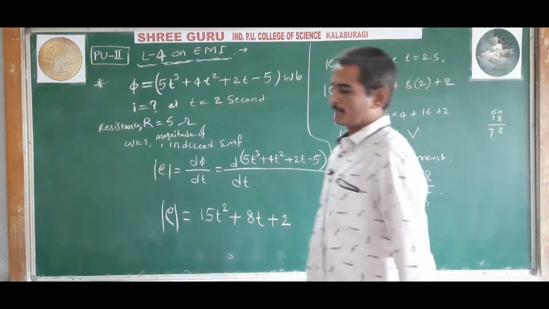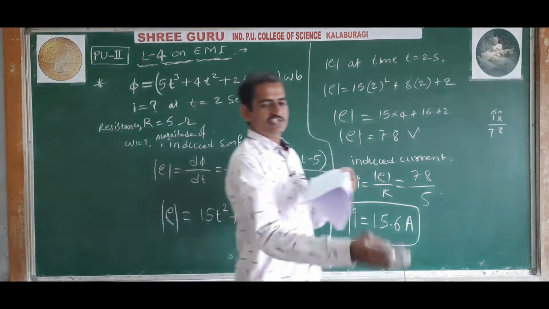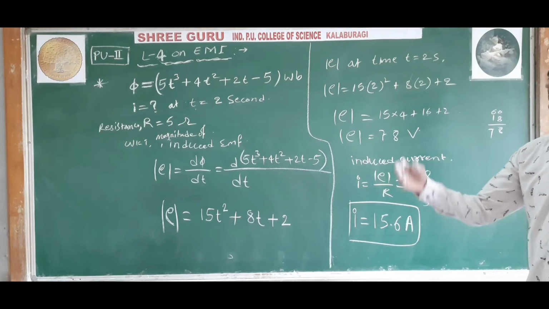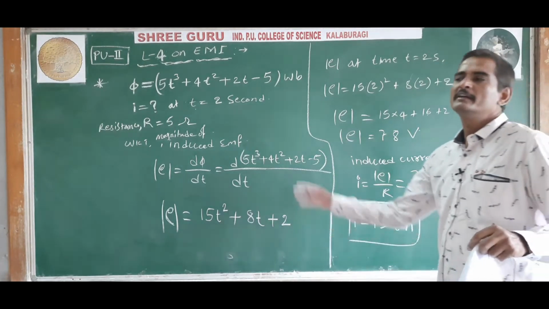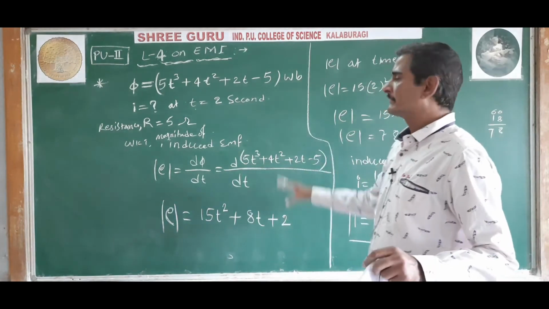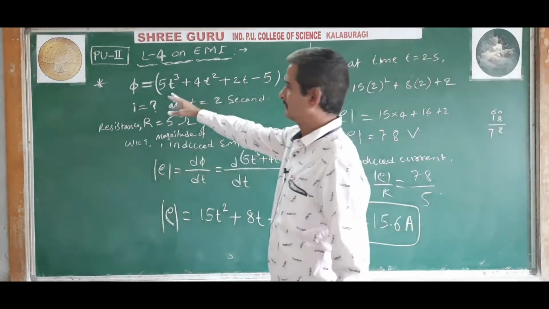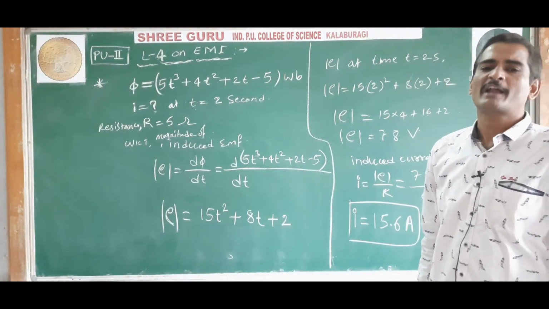In the previous problems we have solved so far, there was a change in the magnetic flux with respect to a change in orientation or a change in area. Here there is a change in the magnetic flux, but this varying magnetic flux is dependent on time.